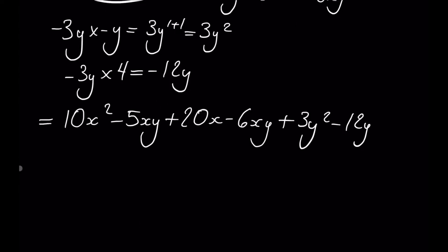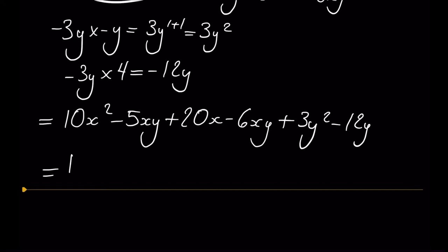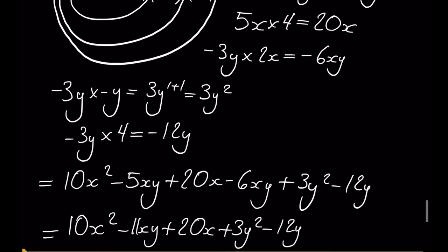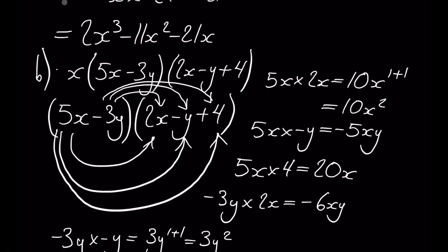So this can simplify further, because minus 5 and minus 6, these coefficients are multiplied by the same variables. So this gives us 10x squared minus 11xy plus 20x plus 3y squared minus 12y.